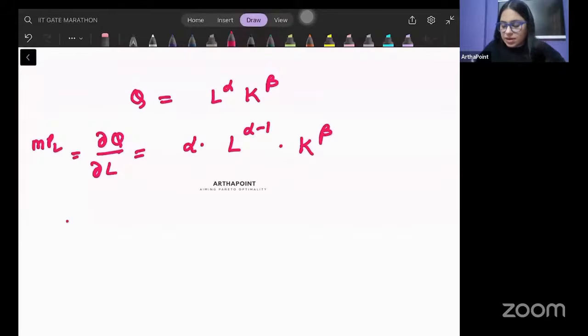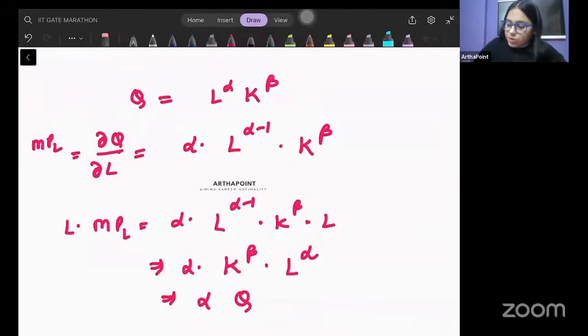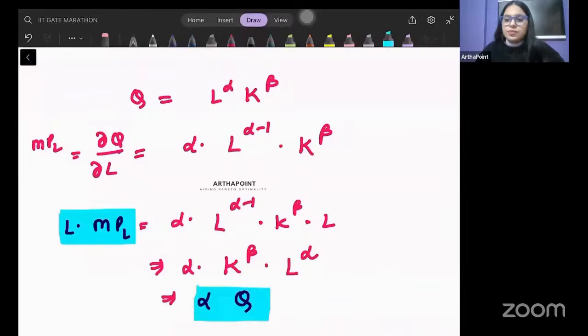I just multiply this with L. So L into MPL will be alpha K to the power beta into L to the power alpha. This will be alpha times Q. So if I do L into MPL, I'm getting alpha times Q.